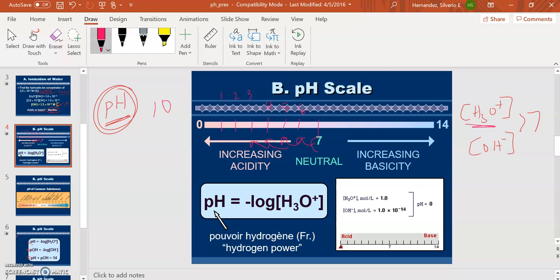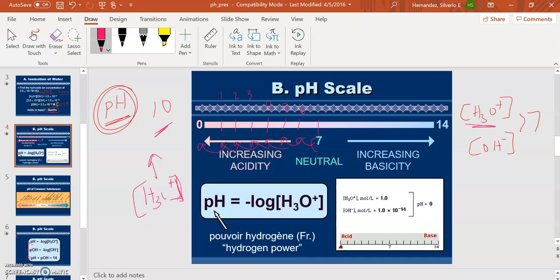And as you keep moving to the next consecutive number, the concentration keeps increasing by factors of 10. That's why we use base 10. And that's why the smaller the number is on the scale, the stronger the acid is, because we're increasing the concentration of the hydronium ion, right?